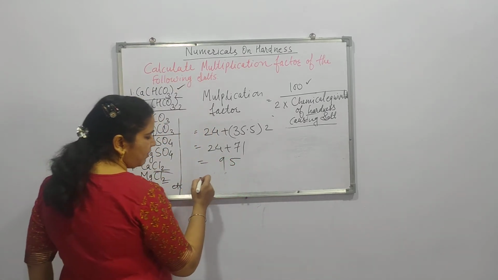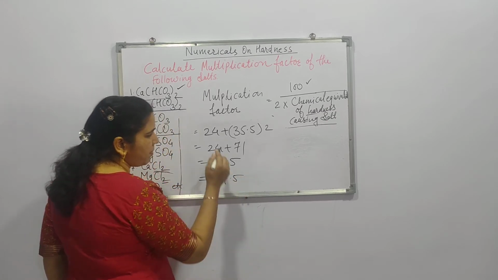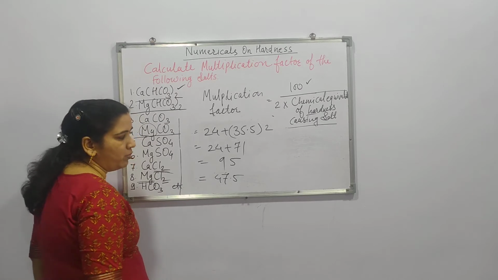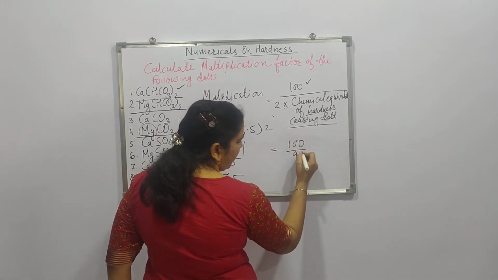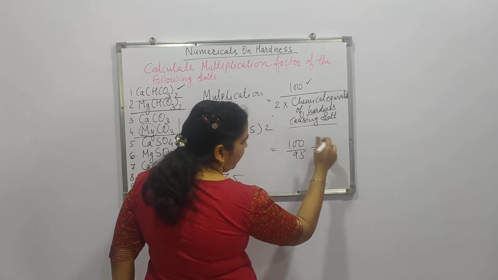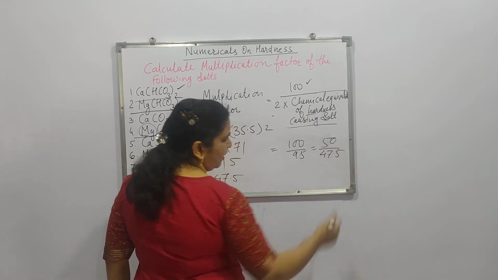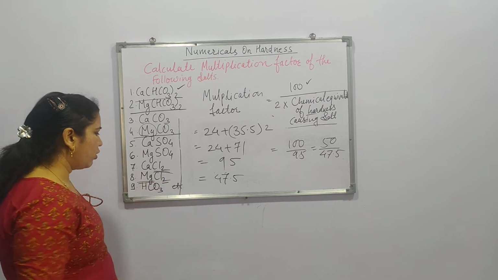Its equivalent weight is 47.5, because magnesium is also di-positive, so we divide by 2. So its multiplication factor is 100 upon 95 or 50 upon 47.5. It is greater than 1. This is the multiplication factor of MgCl2.